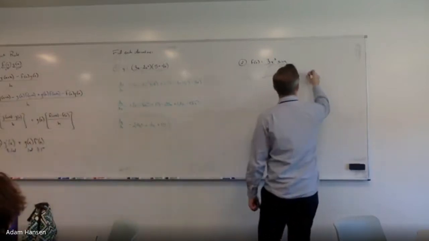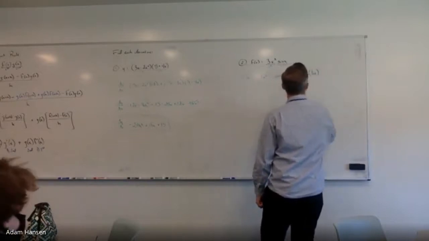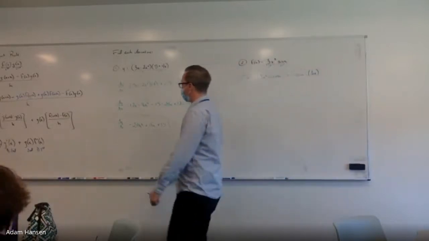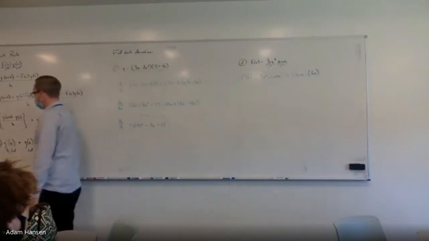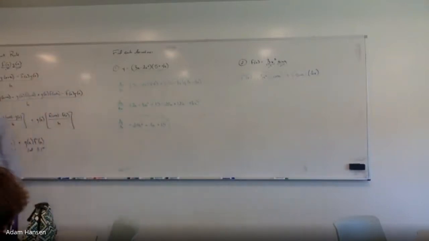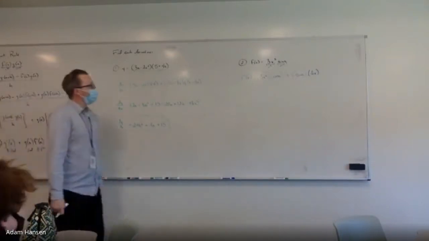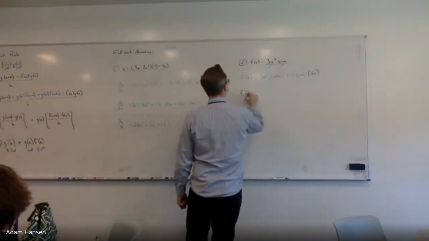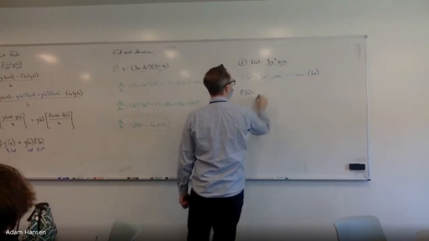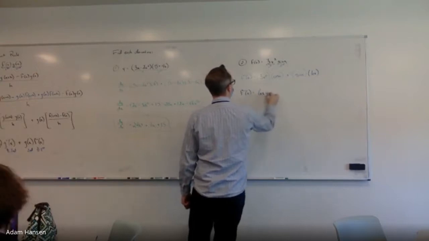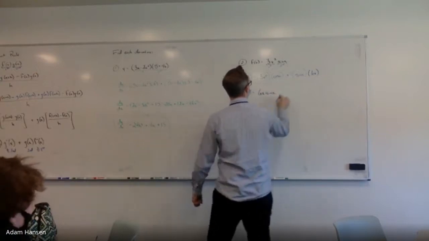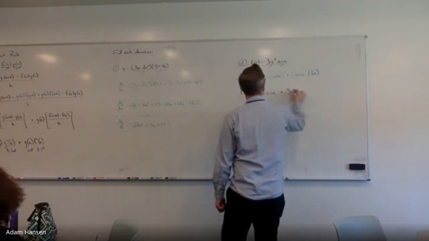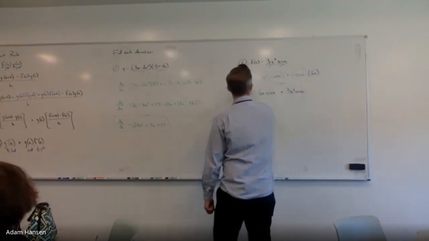Excellent. 3x squared should be 6x for its derivative, using the power rule. So if I just rearrange this here, f prime of x, I like to put sin x first, so just do 6x sin x plus 3x squared cos x.